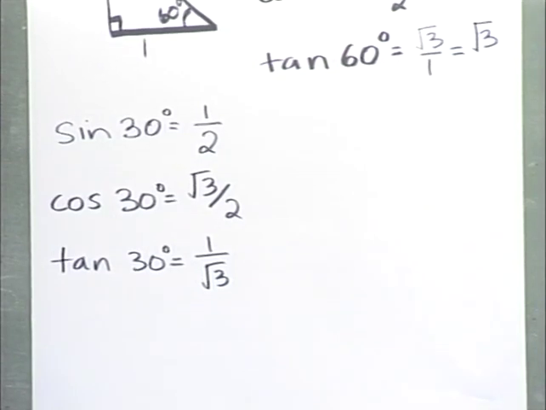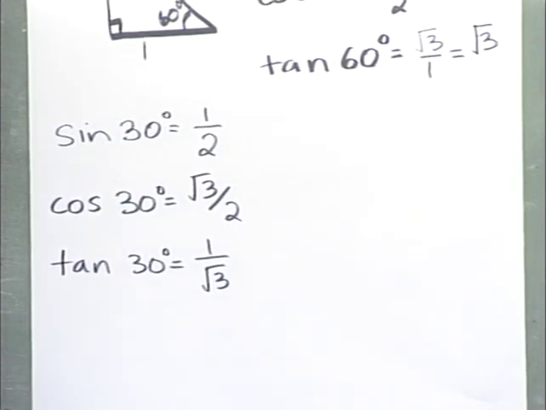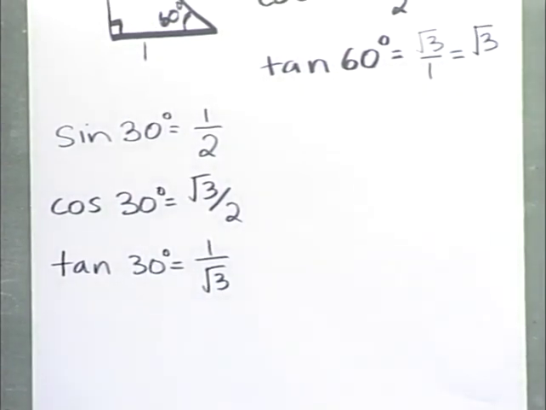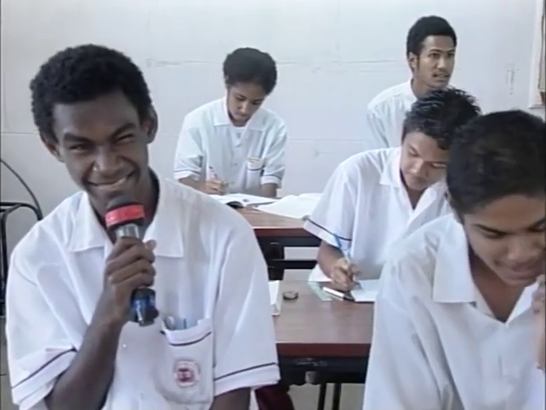What can you say about the trig ratios for 60 and 30 degrees? They are opposite. What do you mean they are opposite? Explain further.